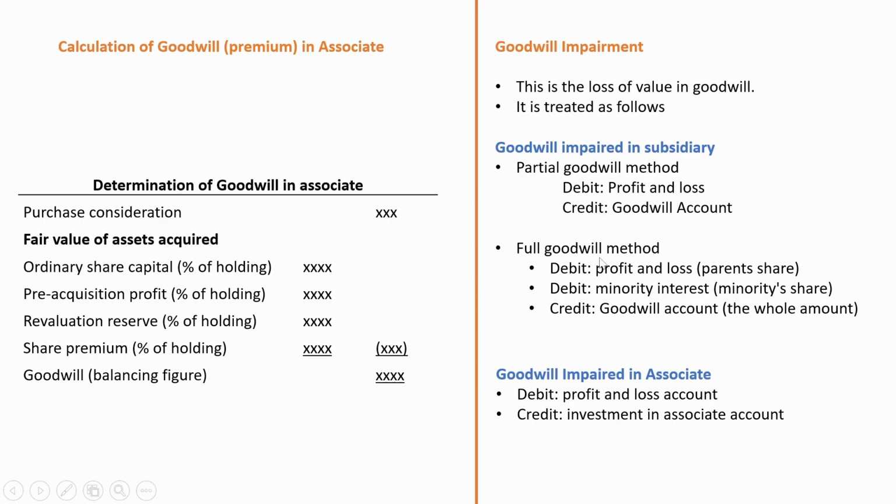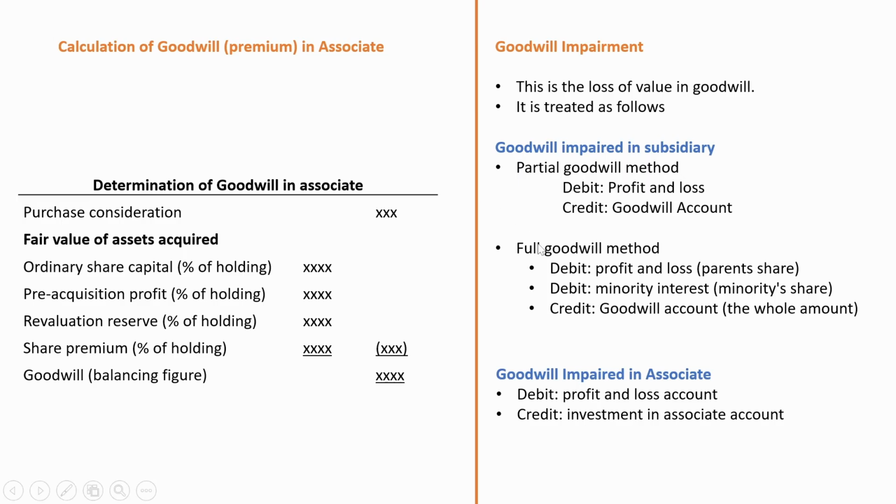But when we go to the full goodwill method, because we have goodwill for both the parent and the minorities, the minorities will also have a share of goodwill impaired. So the amount of goodwill impaired will be recorded as shown here. You debit profit and loss with parent's share, debit minority interest with minorities' share, credit goodwill account with the whole amount.